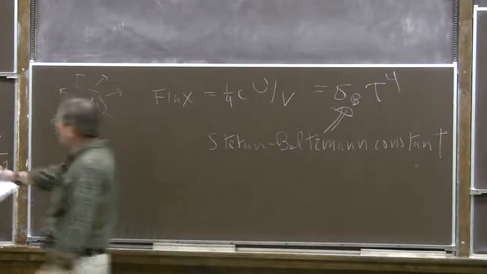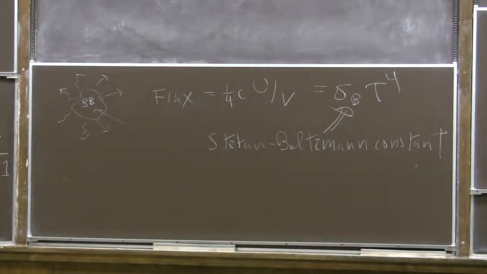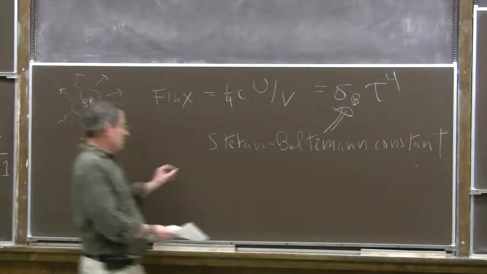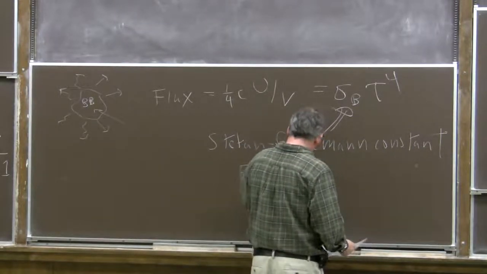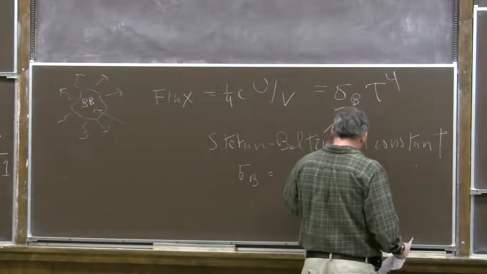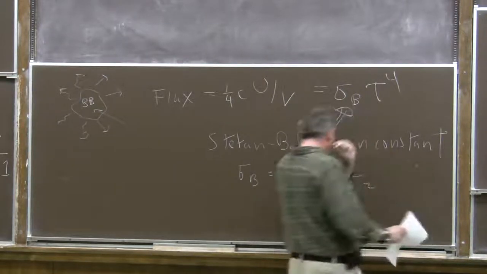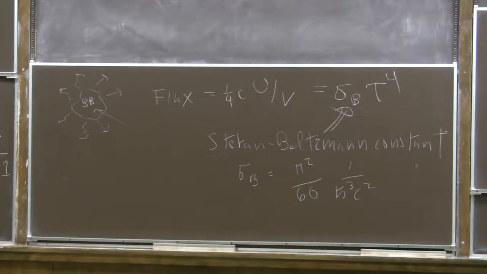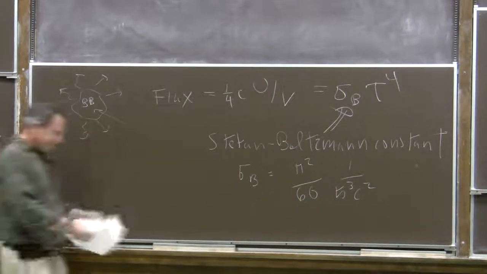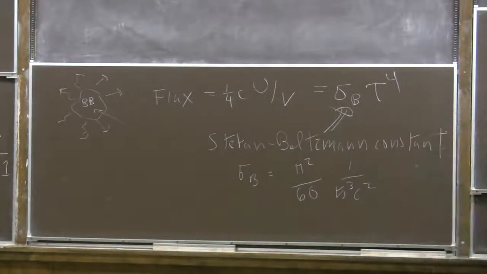And it's just obtained by multiplying what we had over here by c over 4, so that we get pi squared over 60, 1 over h bar cubed, c squared. So that's a universal property for any black body, any one which absorbs perfectly the radiation incident on it. All right, so that's pretty much where we were. Questions about that?